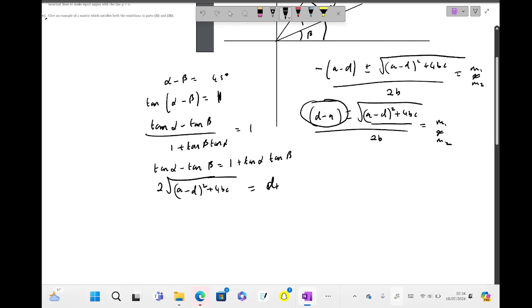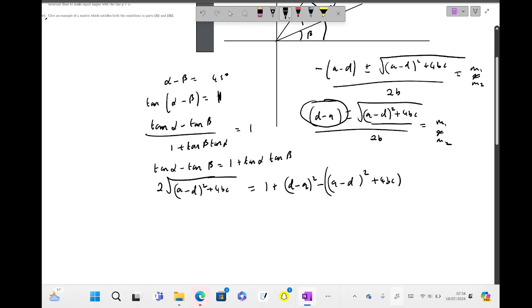So we'll get something like this, and obviously the square of this term here will just take away the root. So we end up getting something like this. Again, it sounds like I'm waffling, but just try it yourself and you'll see what happens.